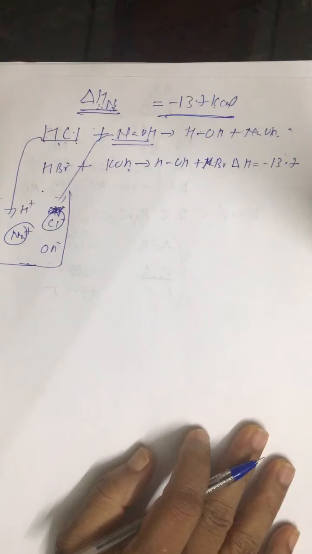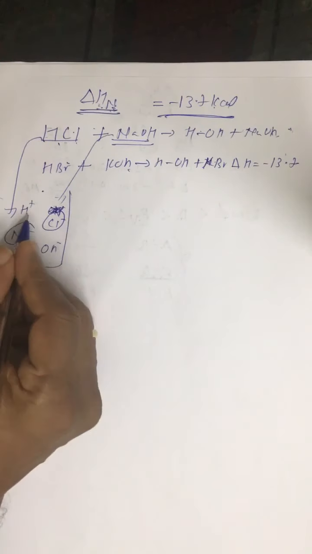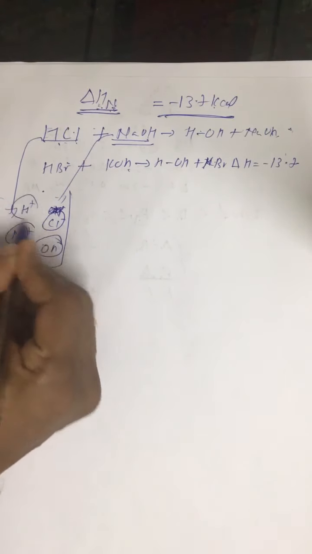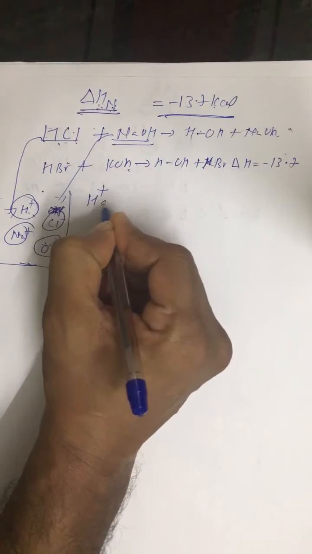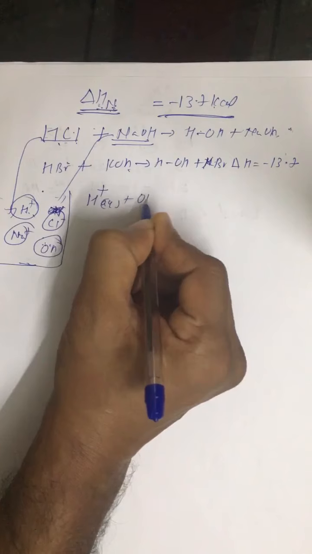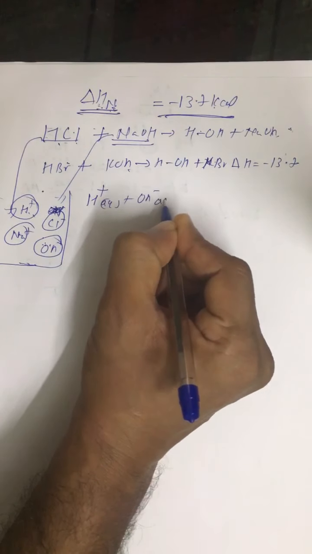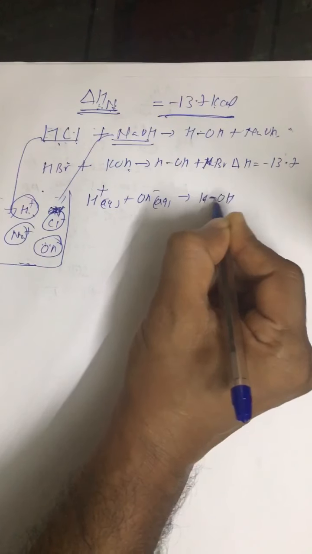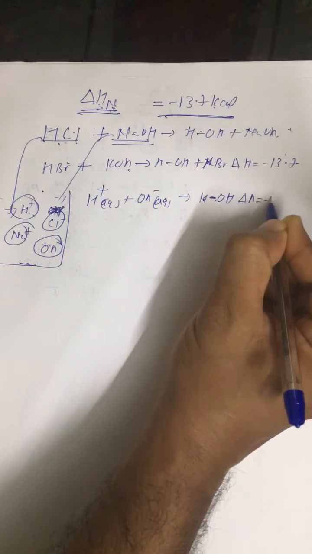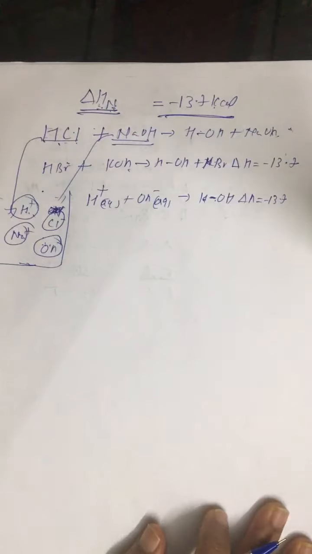As such, no new interaction is there. The entire interaction is due to combination of 1 gram ion of H positive and 1 gram ion of OH negative to give 1 mole of OH bond, and the heat released is minus 13.7 kilocalories.